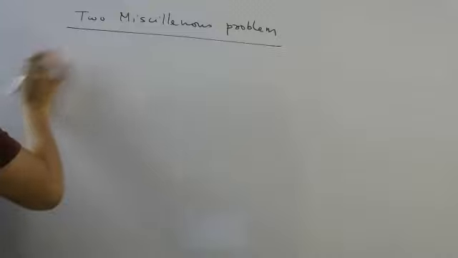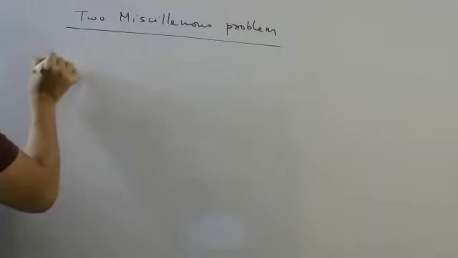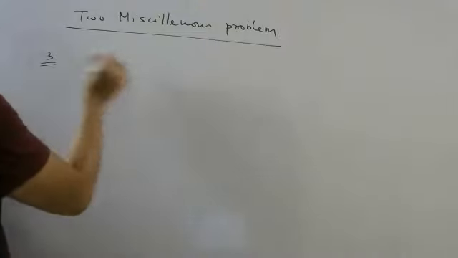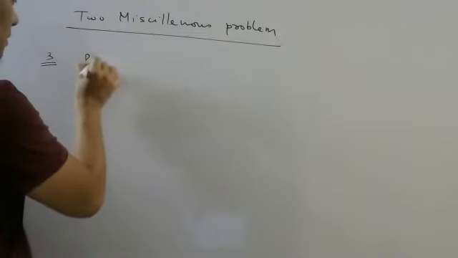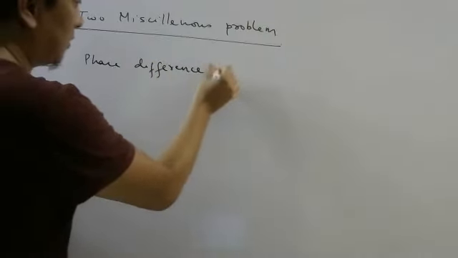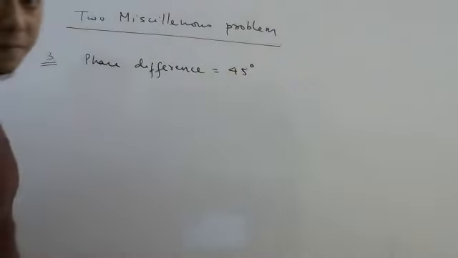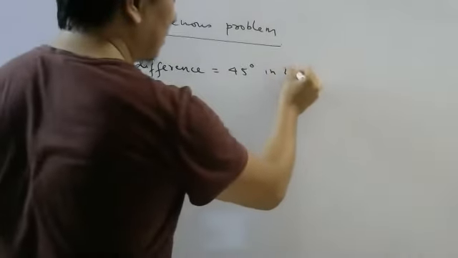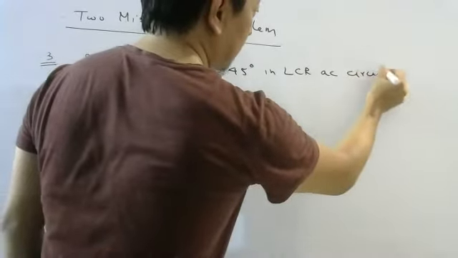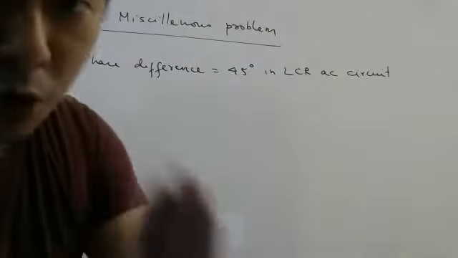So the first one that I want to do here, question number 3 actually, is they will give you the phase difference. Phase difference is equal to 45 degree in LCR AC circuit. See, I'm writing only the important things, okay?